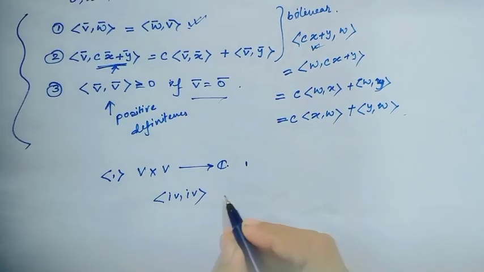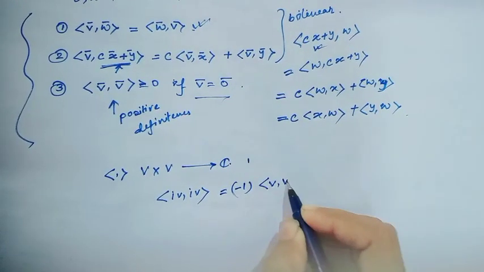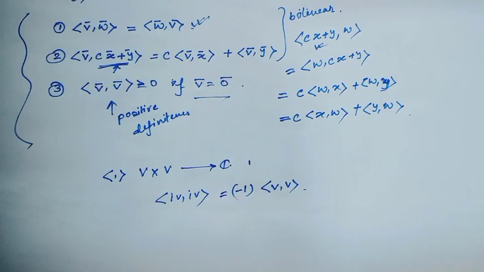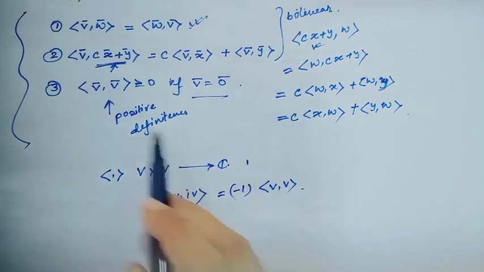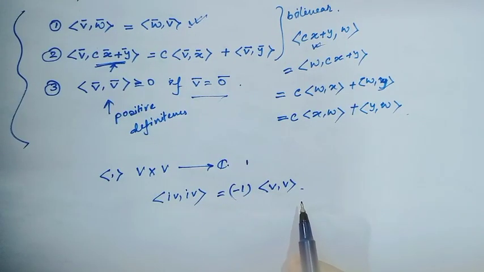So this would be minus 1 times inner product V with V. So obviously this breaks the positive definite property of the inner product.